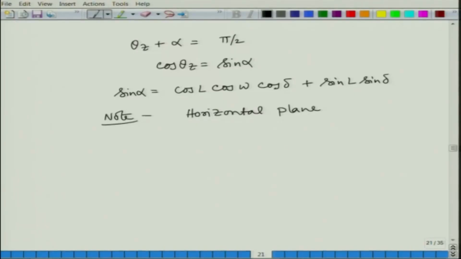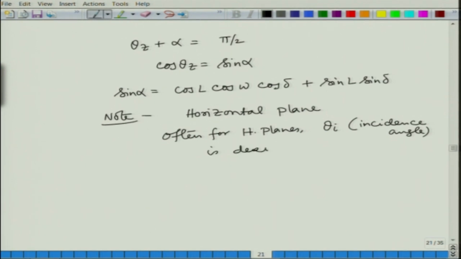Okay. So, often for these horizontal planes, theta I, which we have seen means incidence angle, is designated as theta h. Okay. H stands for horizontal plane.